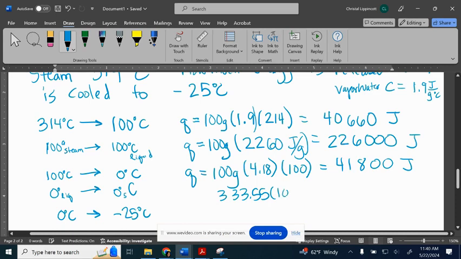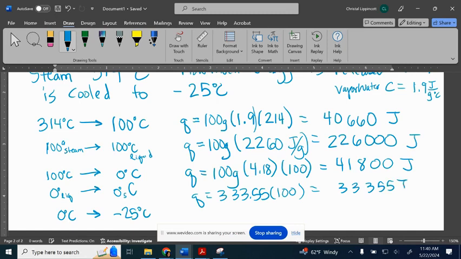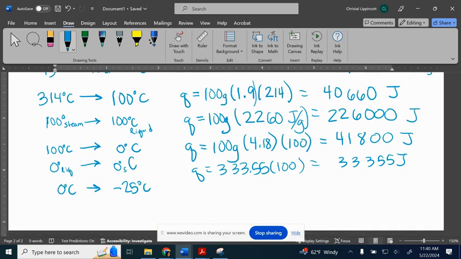I'm going to multiply that by my 100 grams. And my Q value here is 33355 joules. And then the last part, we are going to find the specific heat of ice.